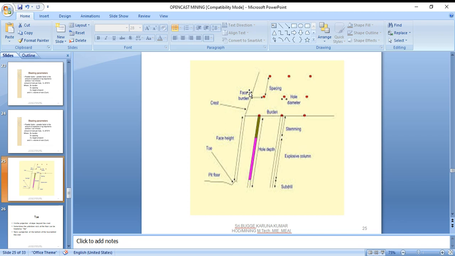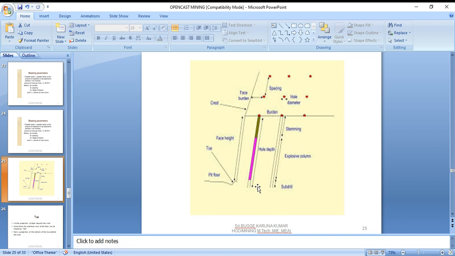Now, before I go to the other terminologies: stemming is important, explosive column is important, and sub drill is important. And before I go to the other two, there are the toe, back break, and crest. Another three definitions are also there.